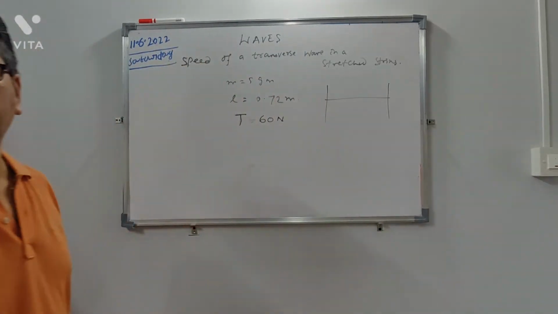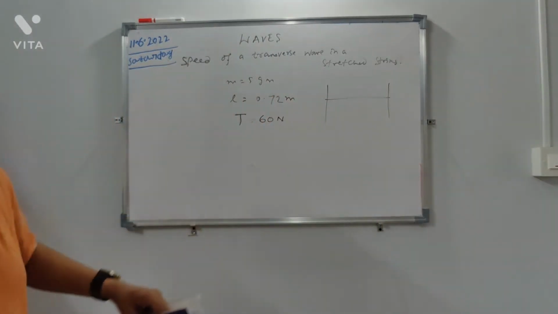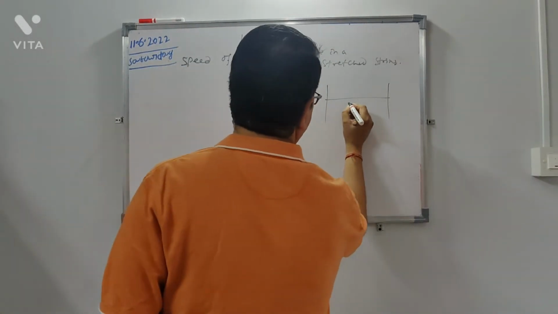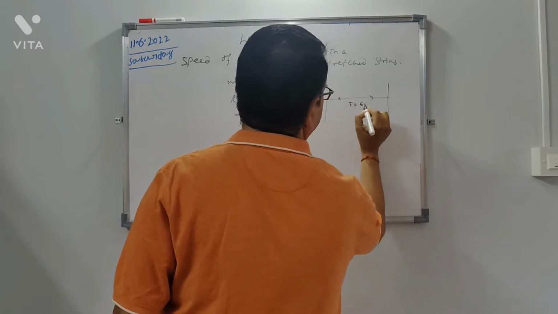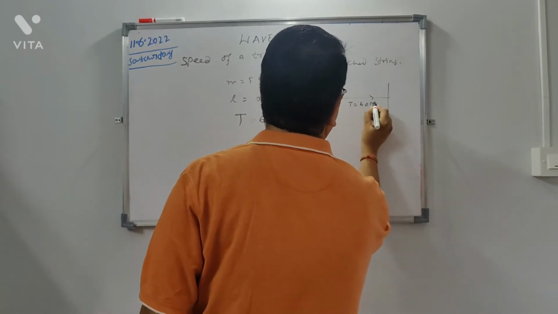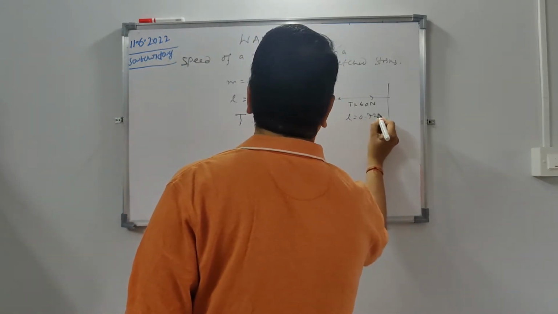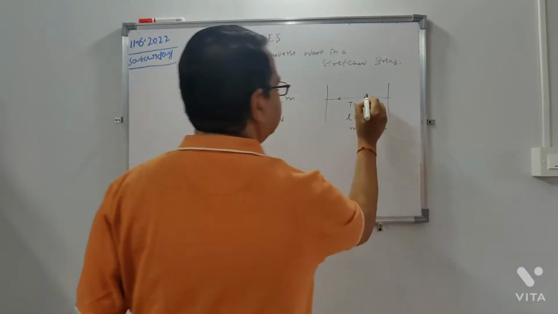You stretch it. The tension is 60 Newton. It is being stretched. Tension is equal to 60 Newton, length is equal to 0.72 meter, mass is equal to 5 gram. This is the mass of the string.